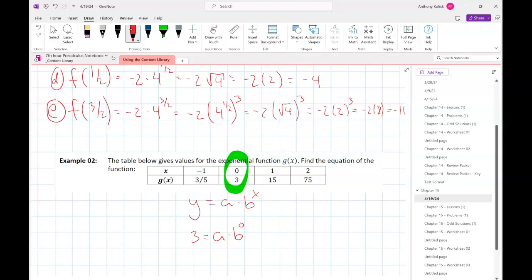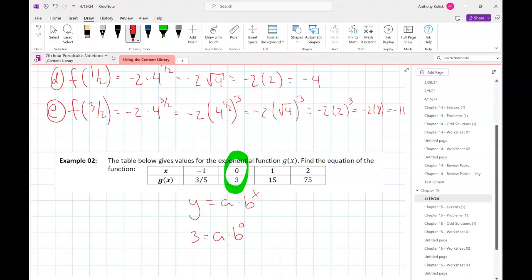Now, what is b to the 0 equal to? Well, could be 1. It could also be undefined, though. How do I know that b's not 0? It isn't, and there's a reason.